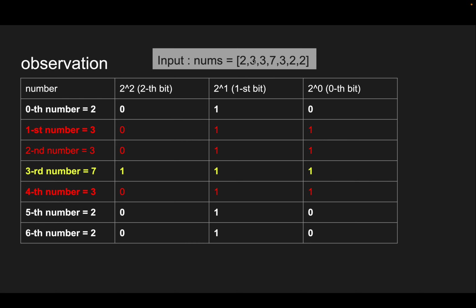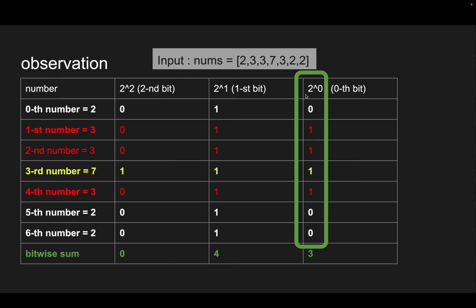Similarly, 3 equals 011, and it also appears 3 times, here, here, and here. And finally, the only element which appears exactly once, and the answer we would like to find, is 7, which equals 111.